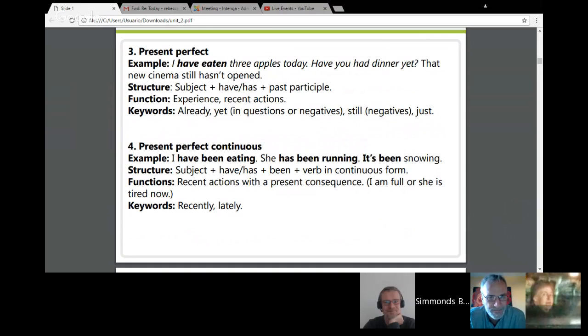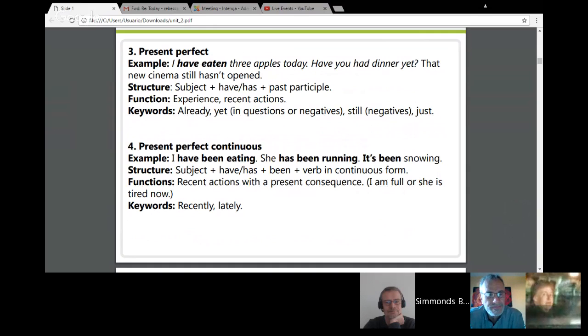For us, it's quite difficult to use this kind of tense because in our mind we use it in a different way in our own native language. Exactly.